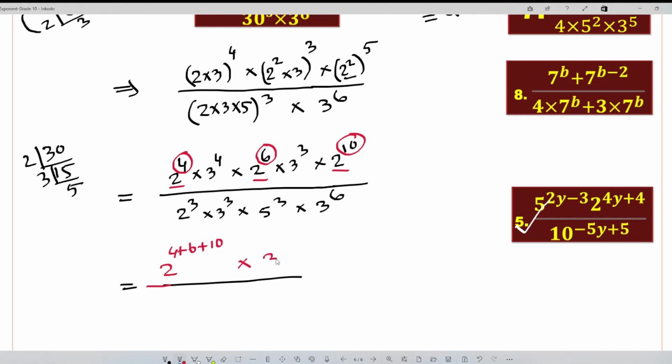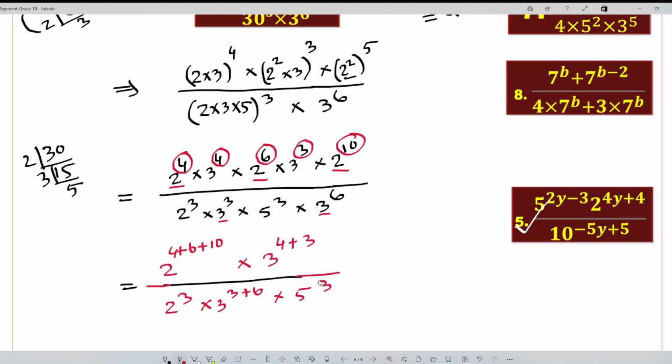Then times 3, here is a 4 and here is a 3, so we can write 4 plus 3, because once the bases are same, if we want the product, the powers will be added. The denominator is also same, here is 2 to the power 3, here is 3 and here is 3, so we can write 3 to the power 3 plus 6 and times 5 to the power 3.